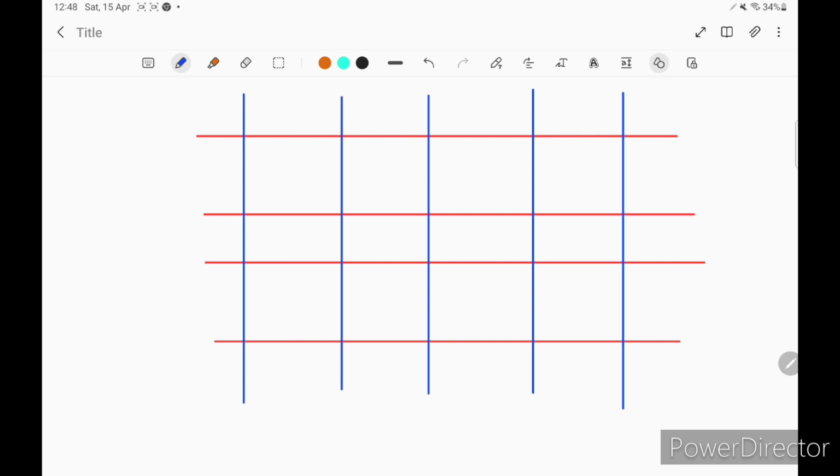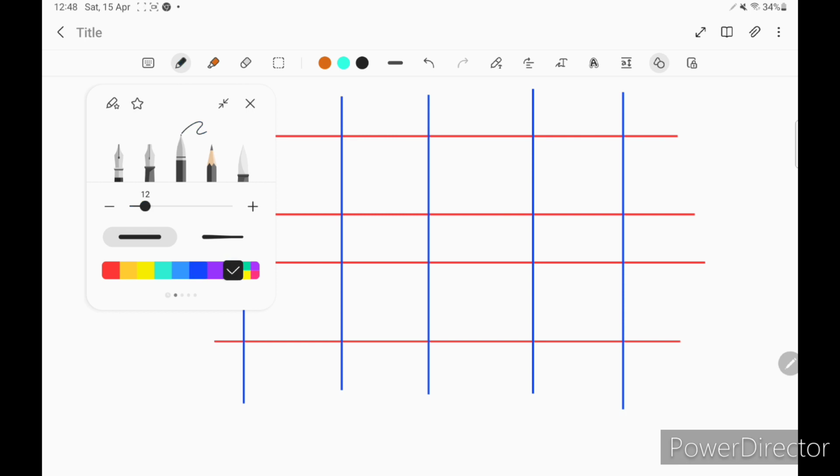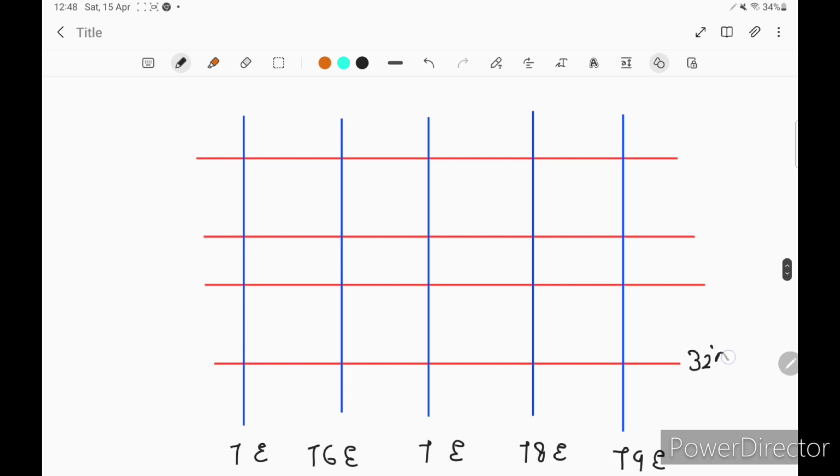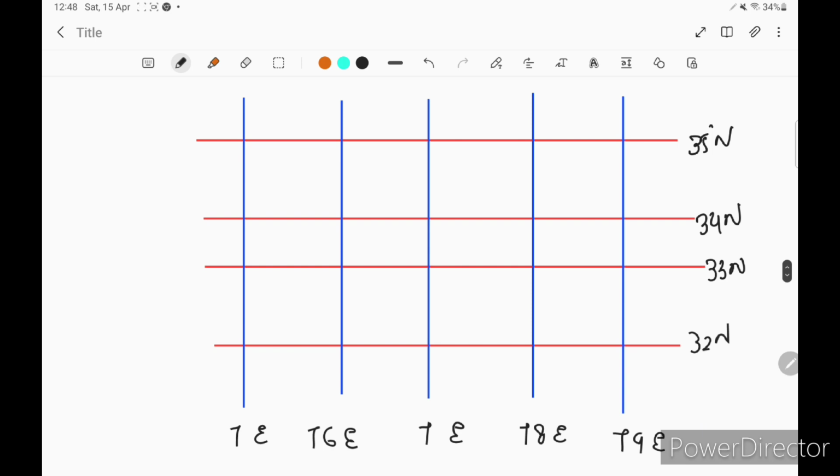But when you are plotting this diagram, you have to make the measurements. So this is 75 degrees east, 76, 77, 78, 79 degrees east, and the same here: 32 degrees north, 33, 34, and 35 degrees north. When plotting, you have to make the difference between them: from 32 to 33 it is 2.651, which we calculated, for the next it is 2.681, and then 2.715.